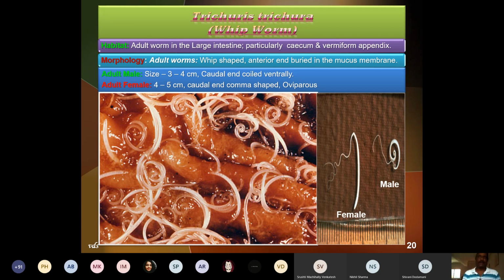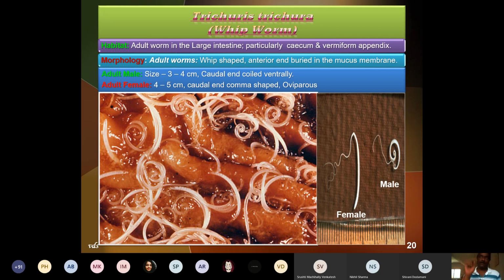The 3/5 anterior end, which is very, very thin, is burrowed into the mucosa of the intestine, usually the cecum, in both the male and the female. Only 2/5 of the portion remains outside the mucosa. That means 75% of the adult worm is burrowed into the mucosa, and only 25% remains outside.